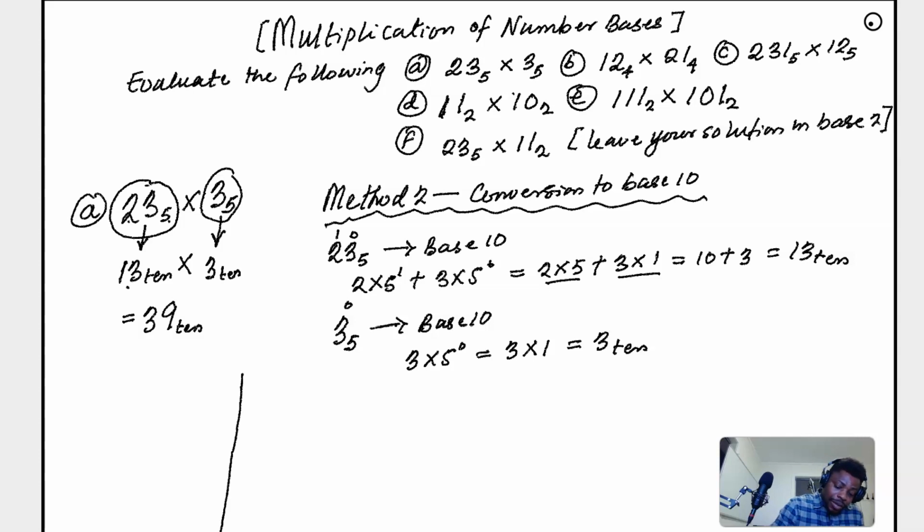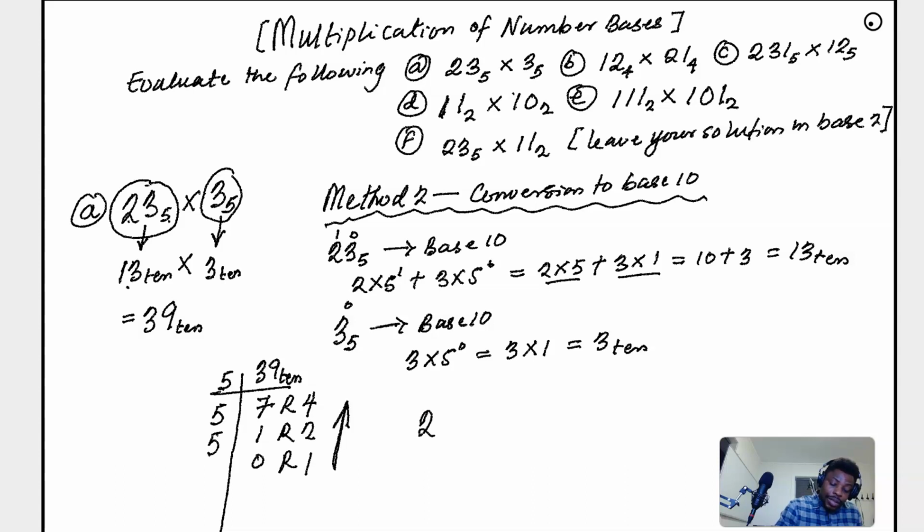This is done by successive division. So 39 base 10, we are taking it to base 5. 5 in 39 is 7, which is 35, so remainder 4. 5 in 7 is 1, remainder 2. 5 in 1, you put 0 and you write 1.